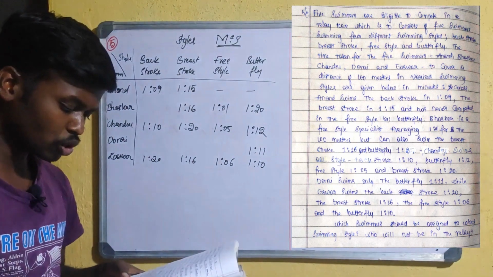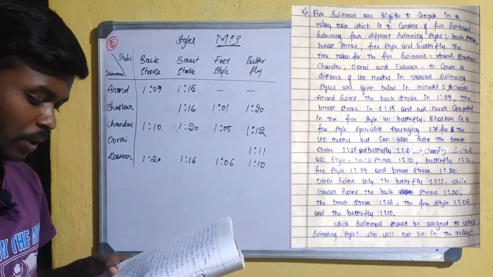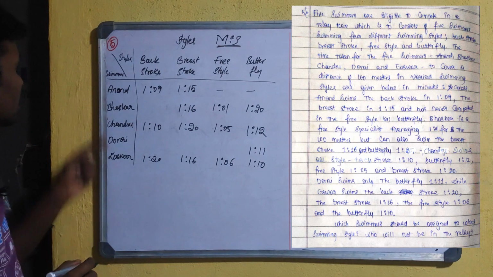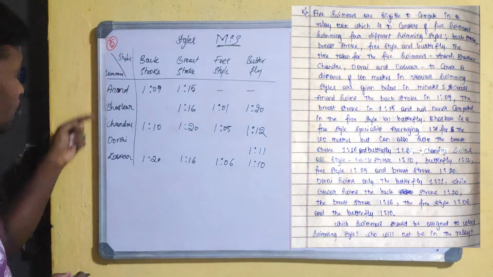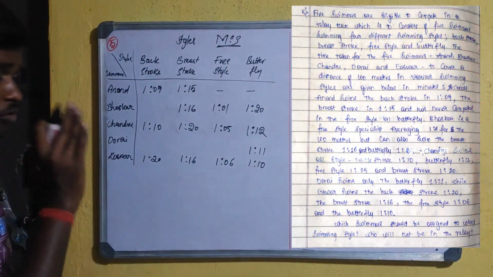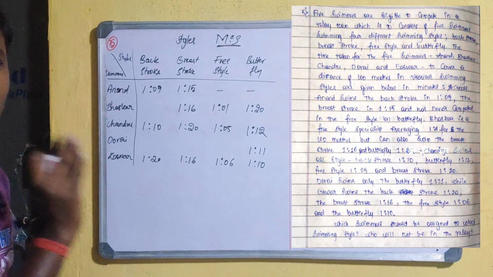Which swimmer should be assigned to which swimming style, and who will not be in the relay? In this problem we have to allocate the different swimmers to the different swimming styles, and also find out which swimmer is not allocated to a particular style.